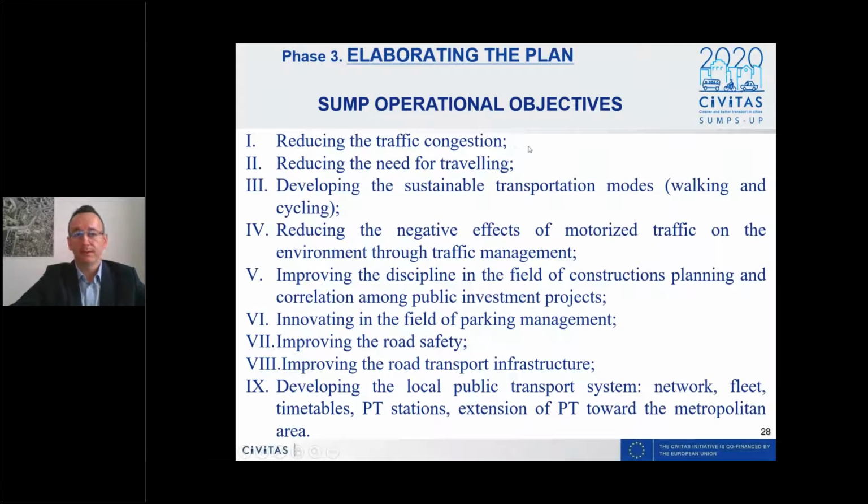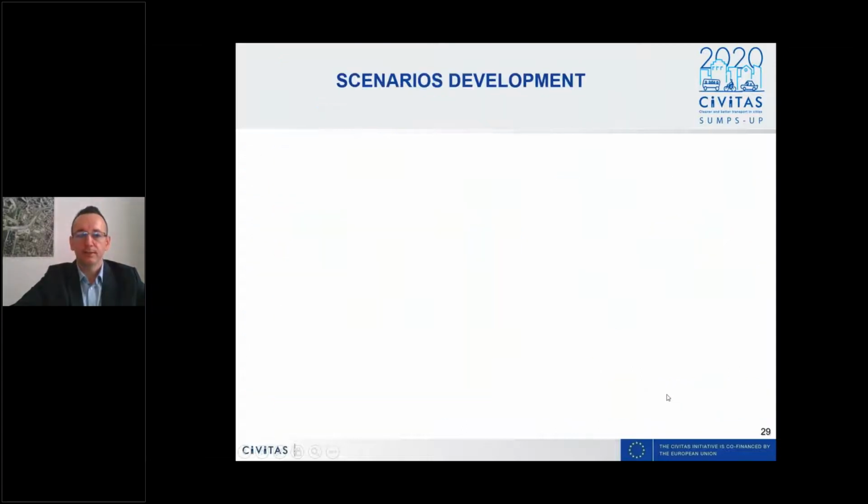So the first one is related to reducing traffic congestion, reducing the need for traveling, developing the sustainable transportation modes, walking and cycling, of course, reducing the negative effects of motorized traffic on the environment through traffic management, improving the discipline in the field of construction planning and correlation among public investment projects, innovating in the field of parking management, improving road safety, improving the road transport infrastructure, and developing the local public transport system: network, fleet, timetables, public transport stations, extension of public transport in the metropolitan area.